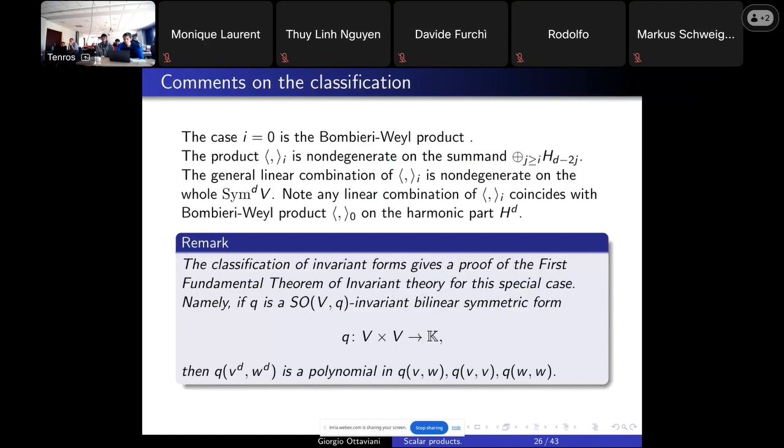And this puts what I did in a bigger context. There is a big theorem called the first fundamental theorem of invariant theory. These are all 19th century achievements. They proved that if you have an invariant for the orthogonal group, it should always be a polynomial in these three basic things.